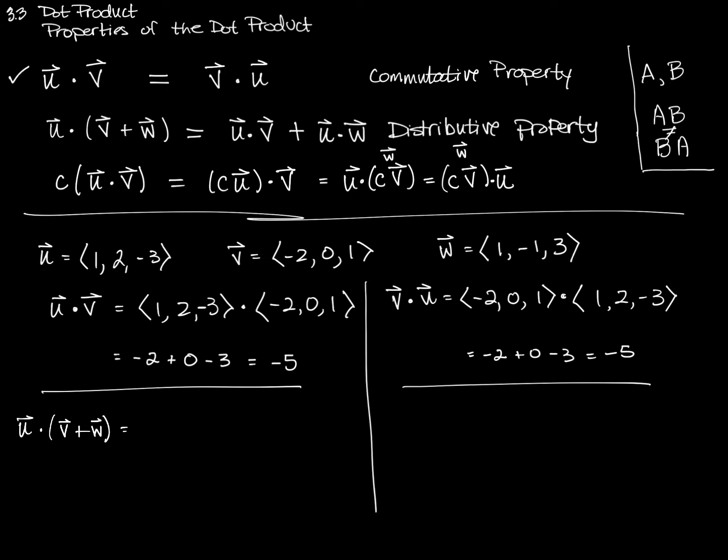In this case, that's going to be 1, 2, -3, dotted with the vector that I get when I add together V and W. And addition, remember, is just component-wise.